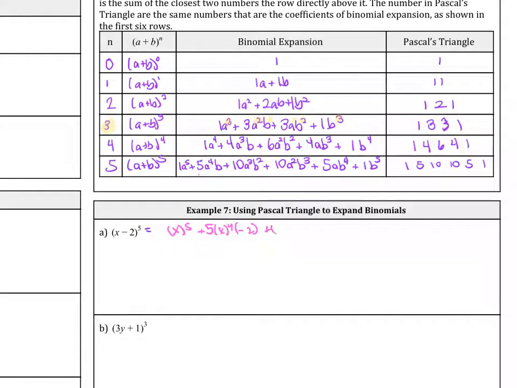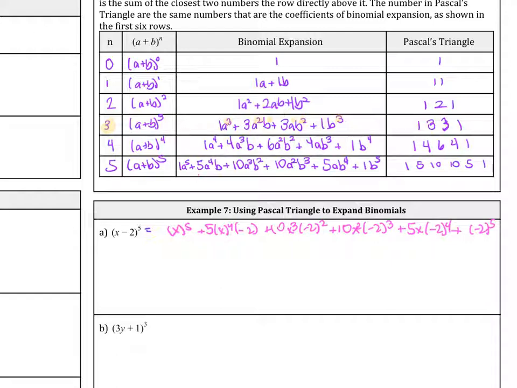And then plus 10x cubed times negative 2 squared, plus 10x squared times negative 2 to the 3rd power, plus 5 times x times negative 2 to the 4th power, plus negative 2 to the 5th power.